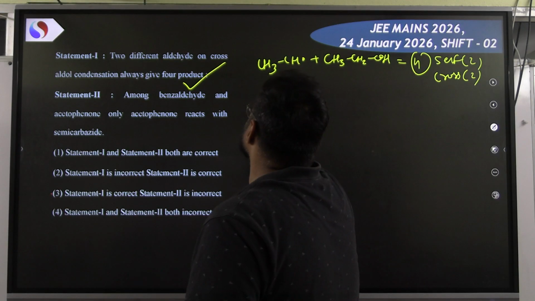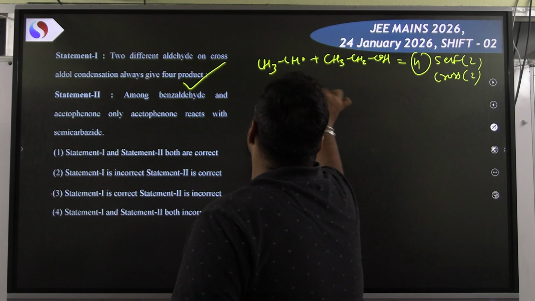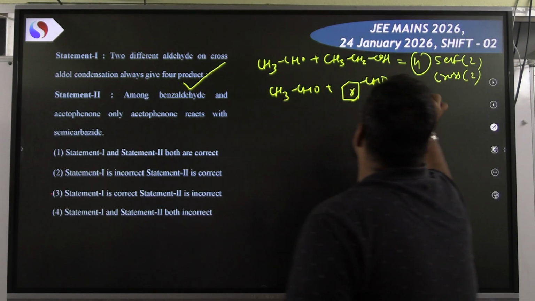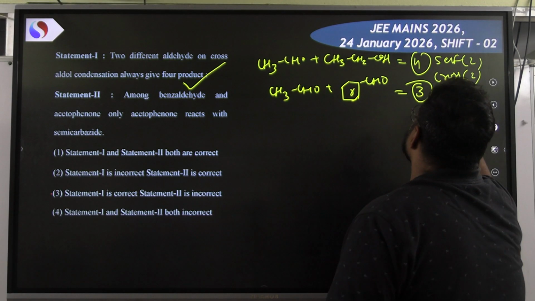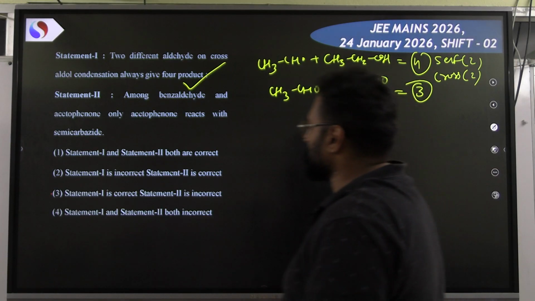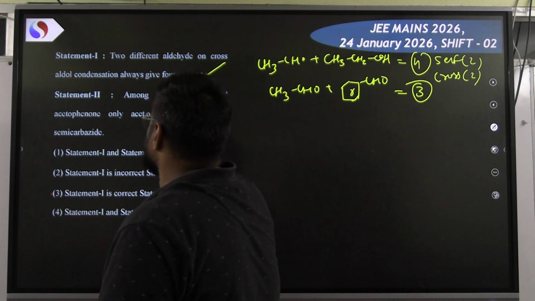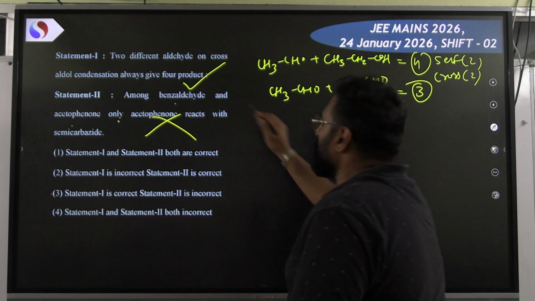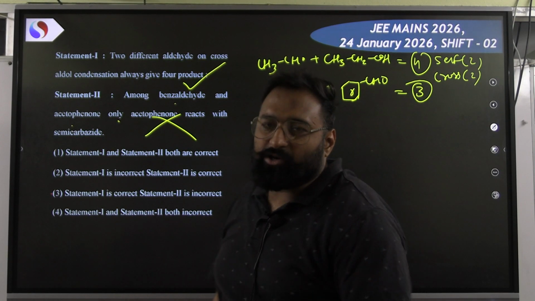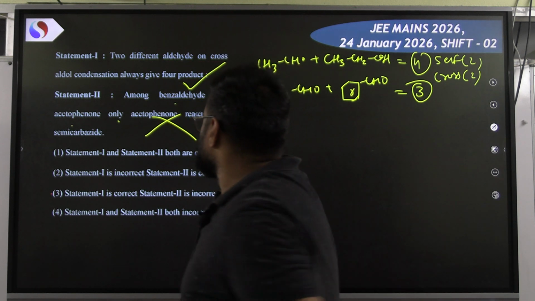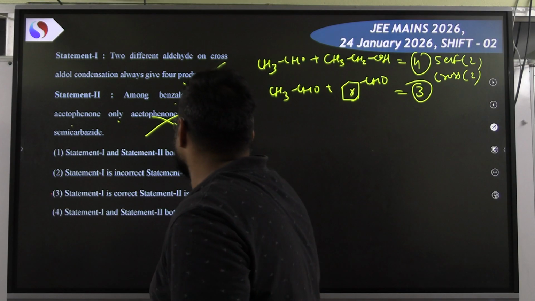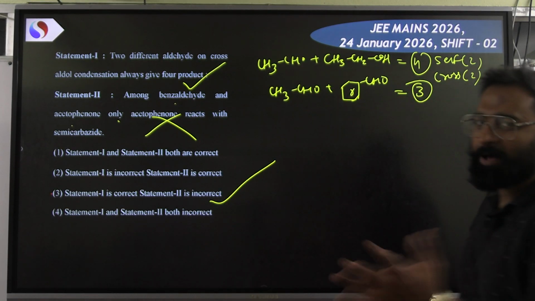If only one has alpha hydrogen, then this will have 3 products. The first statement is correct. Among benzaldehyde and acetophenone, only acetophenone reacts with semicarbazide. Wrong. Both will react with semicarbazide. So statement 1 is correct and statement 2 is incorrect. Option number 3. Simple question.